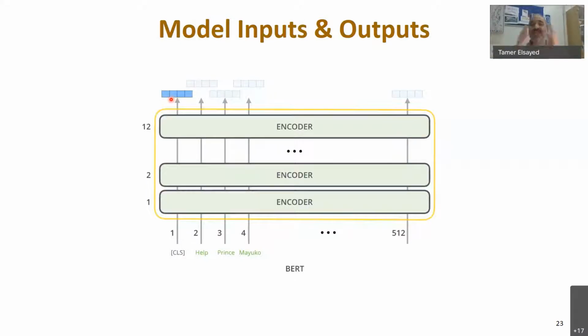So this is like the summary or the embeddings of the entire sentence, if we are talking about one sentence here. And we will see that this is very useful in several classification tasks.